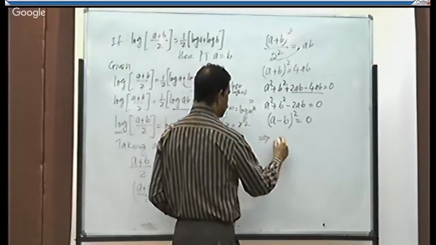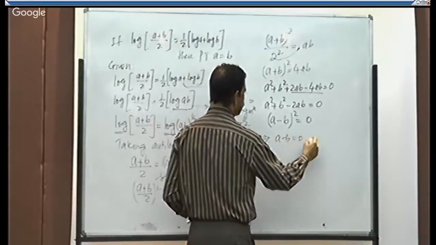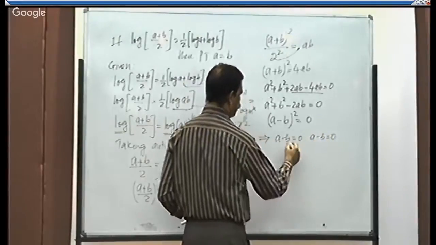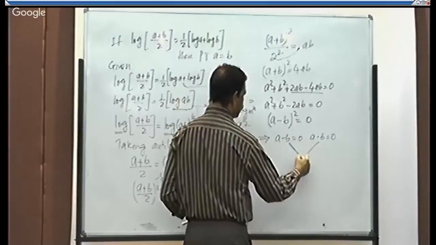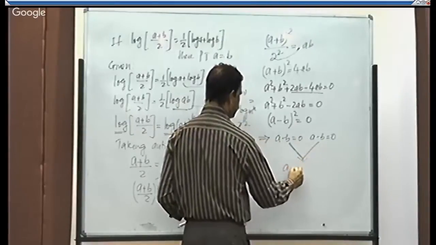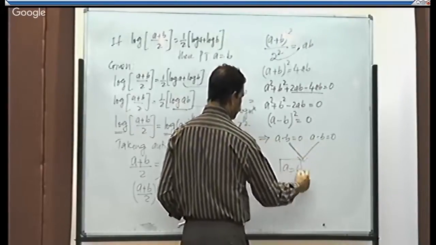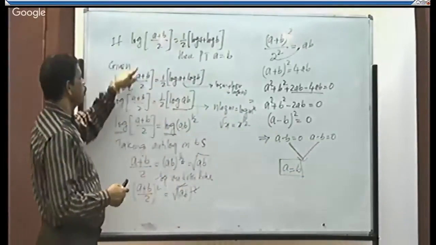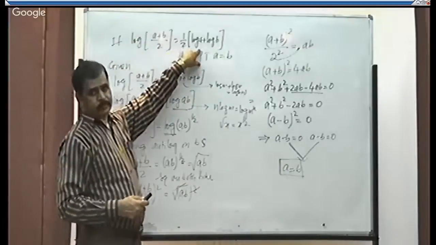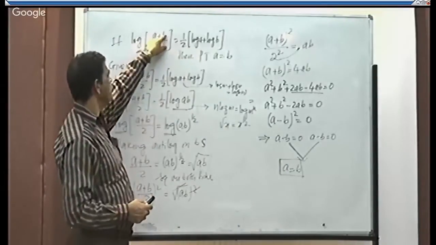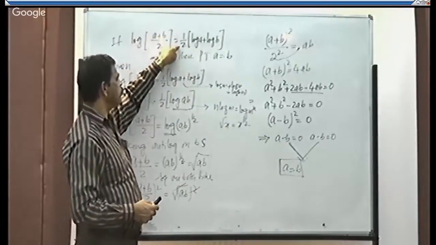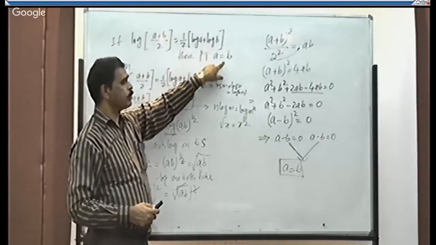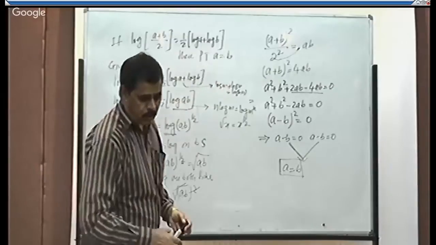It implies that A minus B is equal to 0, so we can write A is equal to B. So we took the log expression, log of (A plus B) by 2 is equal to 1 by 2 into (log A plus log B), and with that we have proved that A is equal to B.